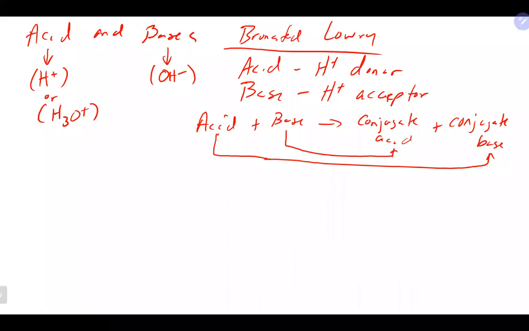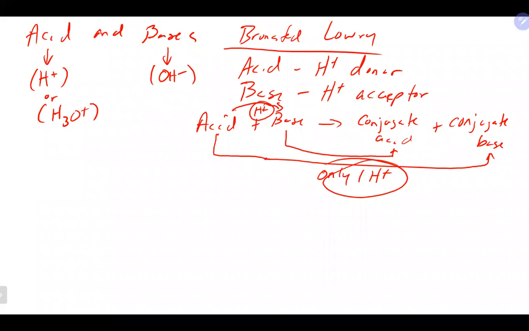Really, the only difference between these two things is that one H plus that gets transferred from the acid to the base. So the only difference that we can have is one H plus. That is the only difference for a Bronsted-Lowry acid and base.